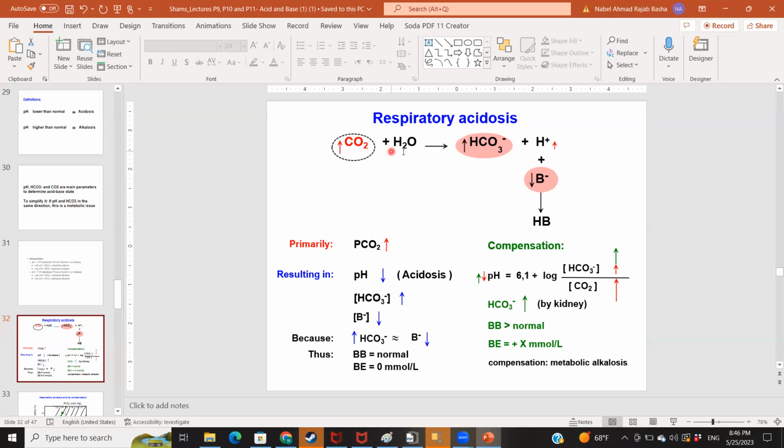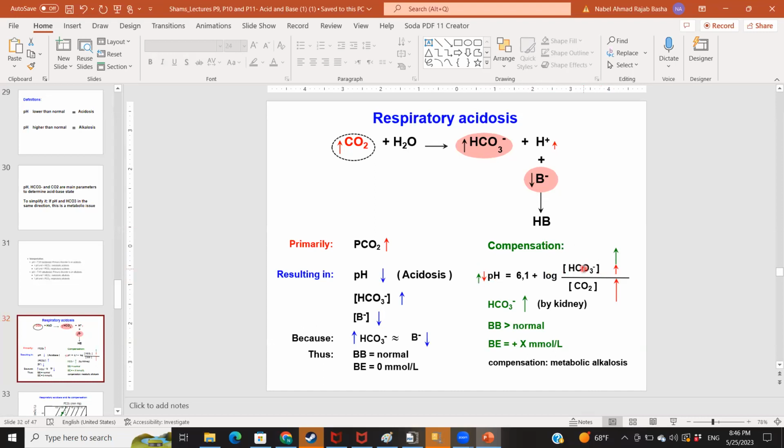CO2 will react with water to form bicarbonate and hydrogen. So we have increased bicarbonate, and if we go back to the equation, this will somewhat compensate for pH. It will prevent pH from going down, because if bicarbonate goes up, pH has to go up.